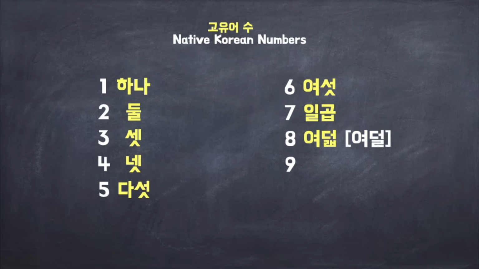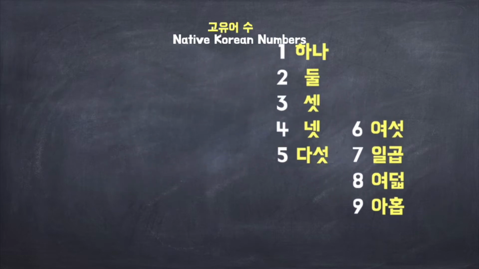Just remove the last consonant when pronouncing 여덟. And number 9 is 아홉. Let's count again. 하나, 둘, 셋, 넷, 다섯, 여섯, 일곱, 여덟, 아홉.